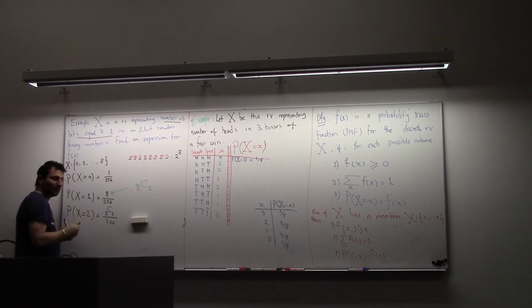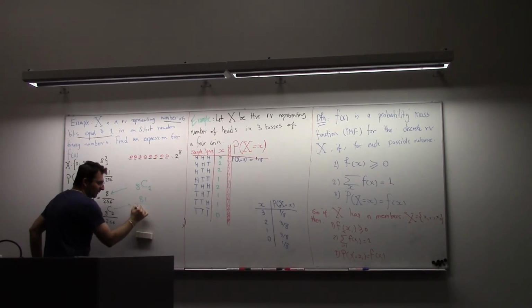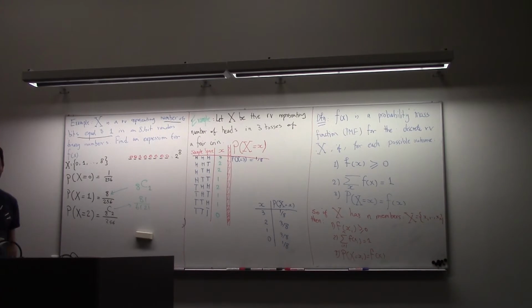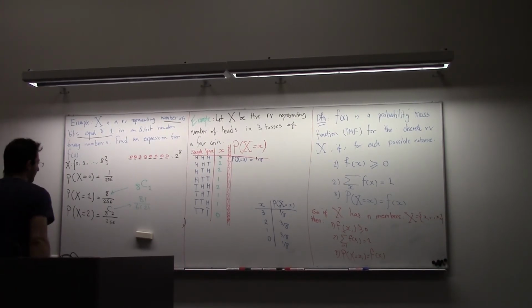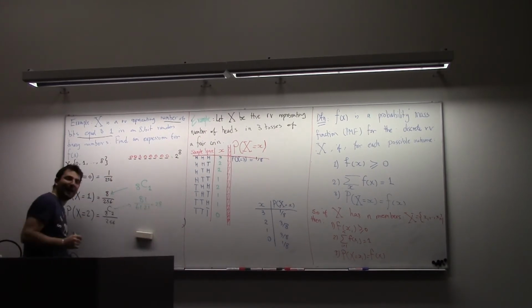How can I calculate the combination of 8 over 2? It's 8 factorial divided by 6 factorial multiplied by 2 factorial. If you do it, you will get 28.